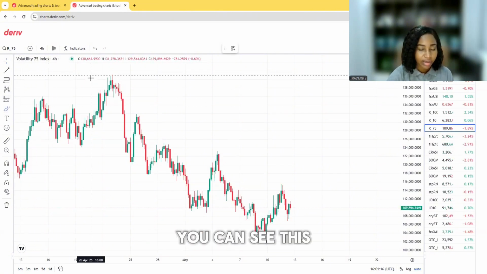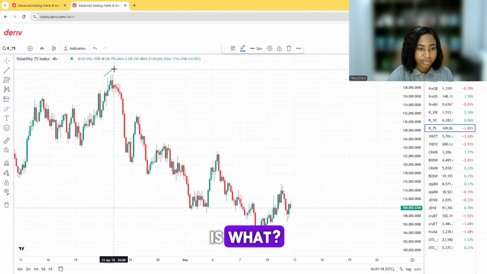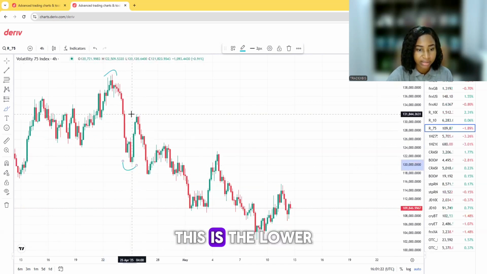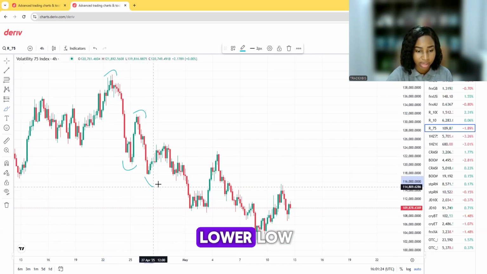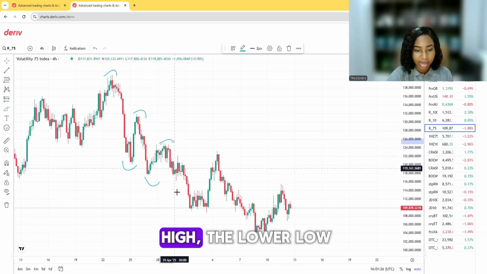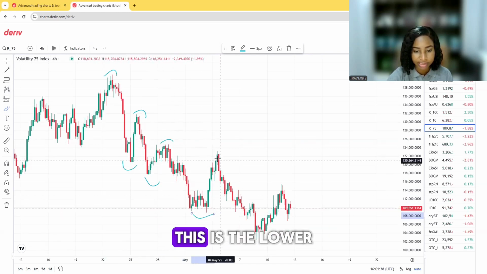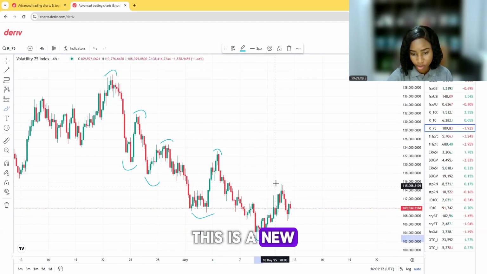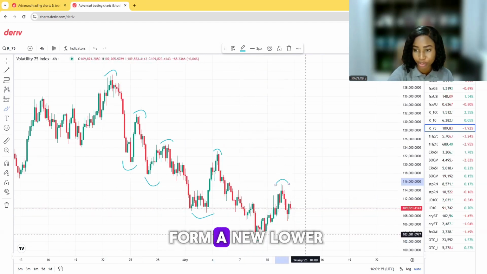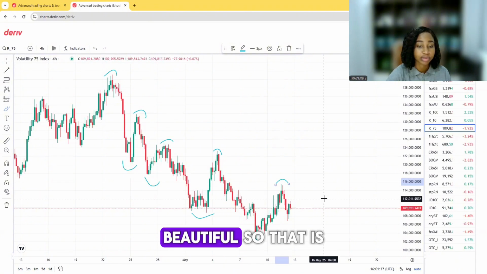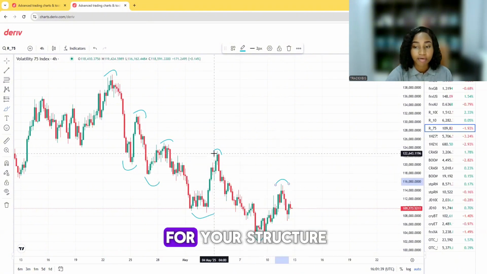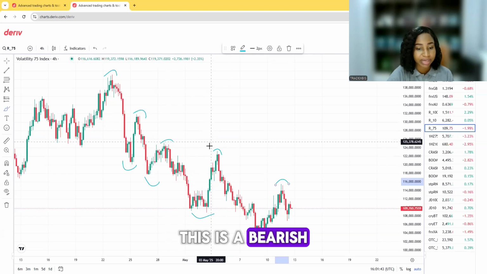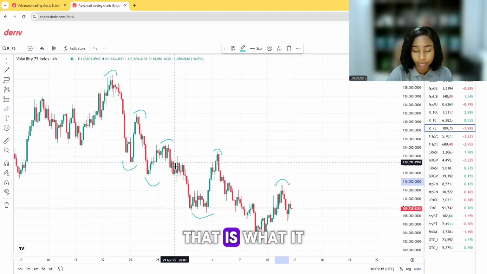You can see this is the lower high, this is the lower low, this is the lower high, this is the lower low, the lower high, the lower low, the lower high, the lower low. This is a new lower high about to form a new lower low. Beautiful, so that is for your structure. This is a downtrending market, a bearish market. The market is just selling. That is what it means.